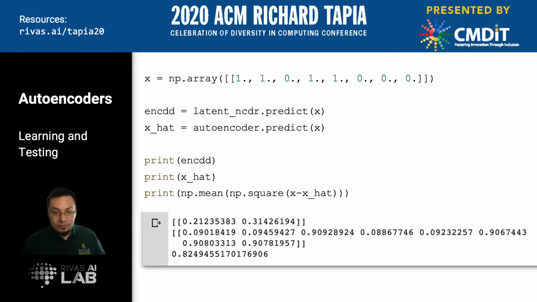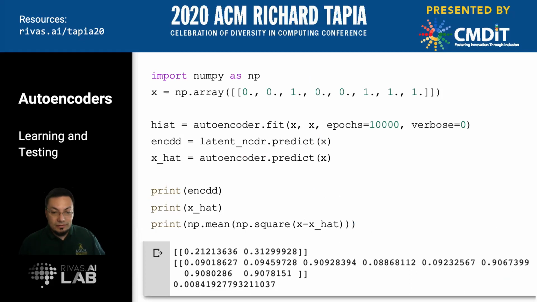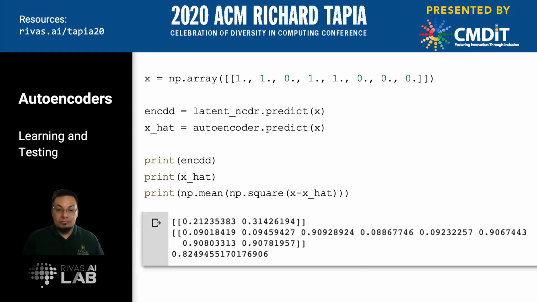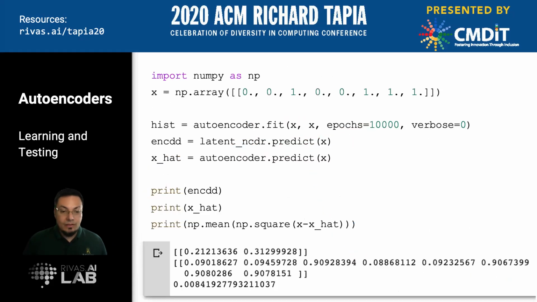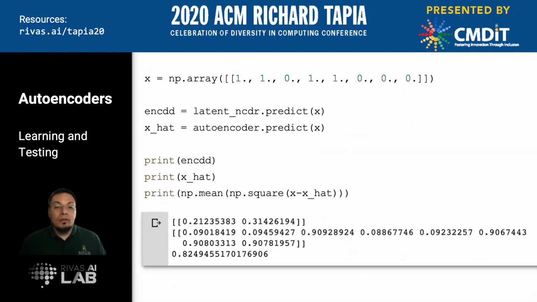If I compare this with the previous one, you will see that it is nearly identical. You see that? 0.2123, 0.2121. So if we look at the reconstruction as well, using this vector X, when it should be a 1, we get a 0.09.